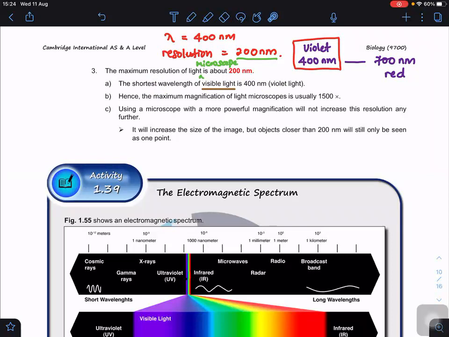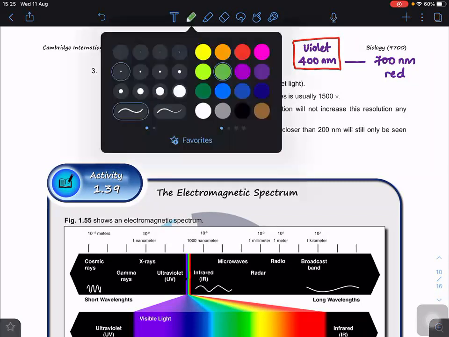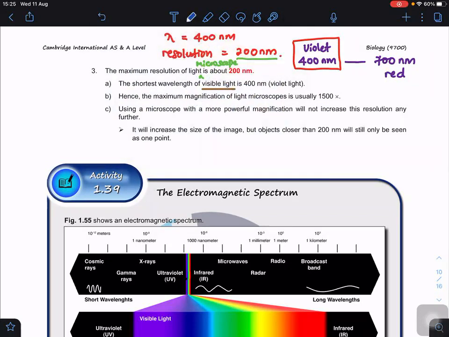With this resolution, the maximum magnification I can get is 1,500 times. Actually, we never use 1,500 times in our lab.